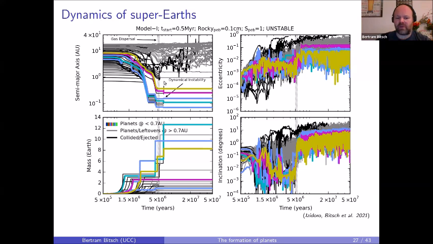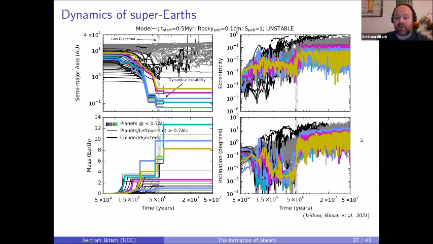Towards the end of the lifetime of the protoplanetary gas disk, which lasts a few million years, the planets will undergo again a phase of instabilities where the resonant chain configuration that we have can be broken. And the planets will acquire, as you see here in the bottom right, some degrees of mutual inclination.